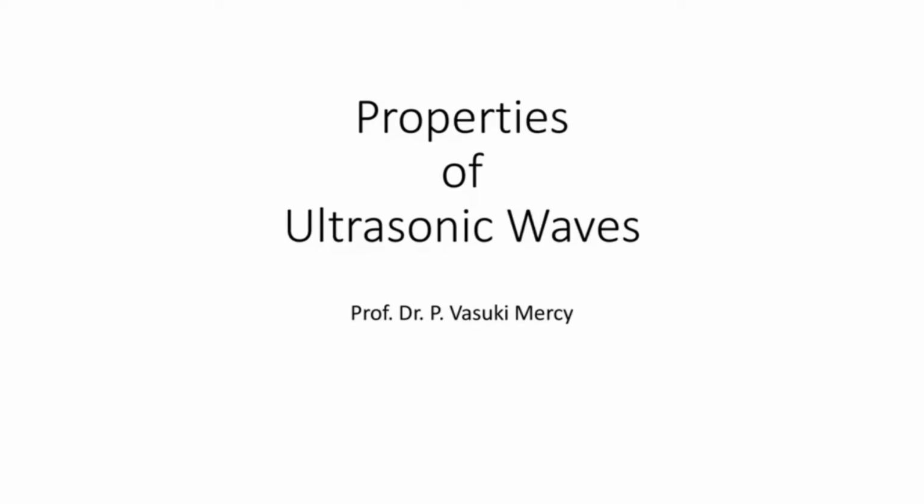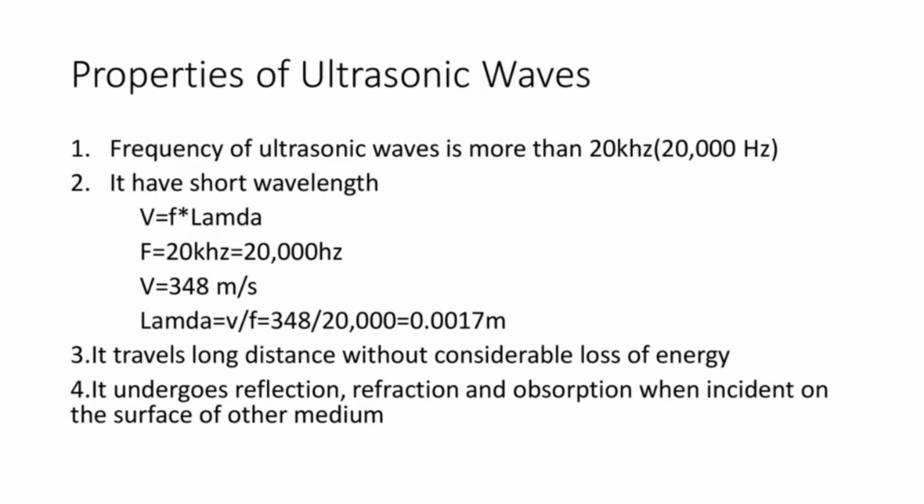So the properties of ultrasonic waves. The first one is that the frequency of ultrasonic waves is more than 20 kHz, that is 20,000 Hz. It has a short wavelength, where V stands for velocity, equal to frequency times lambda.